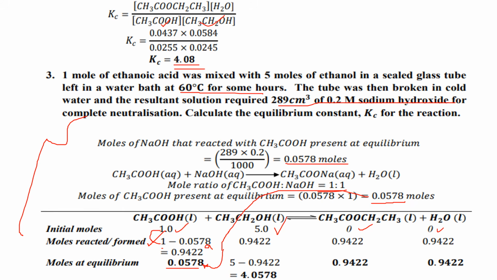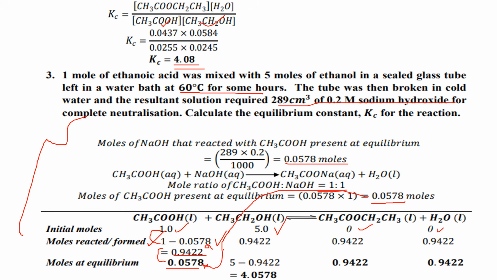So it will be 1.0 minus A equal to 0.0578. So how can you make A the subject? Making A the subject, you're going to get 1 minus 0.0578. And this is what I presented here. So you have to understand the logic under that. So you're going to get 0.9422.